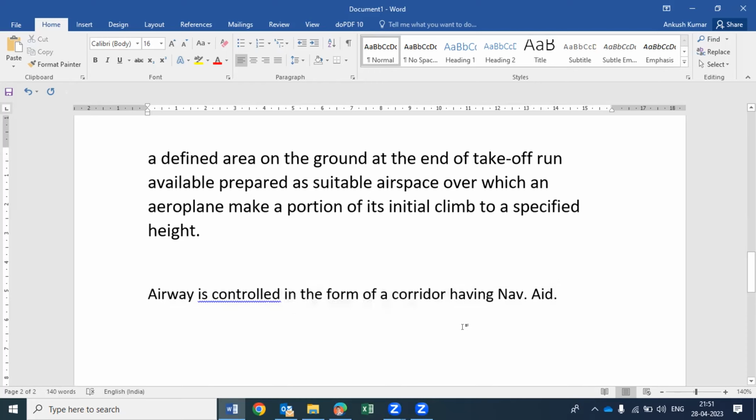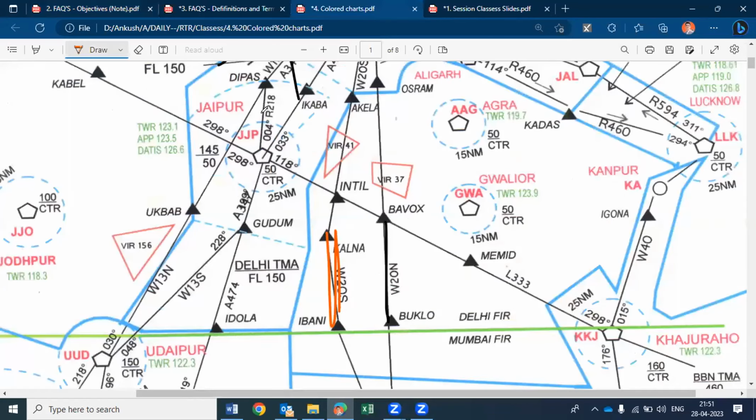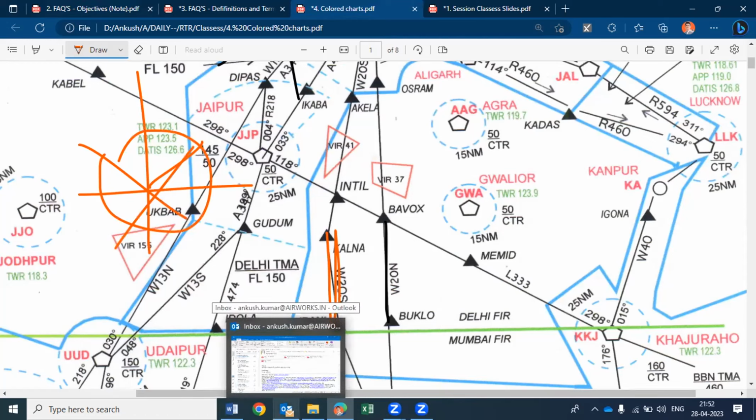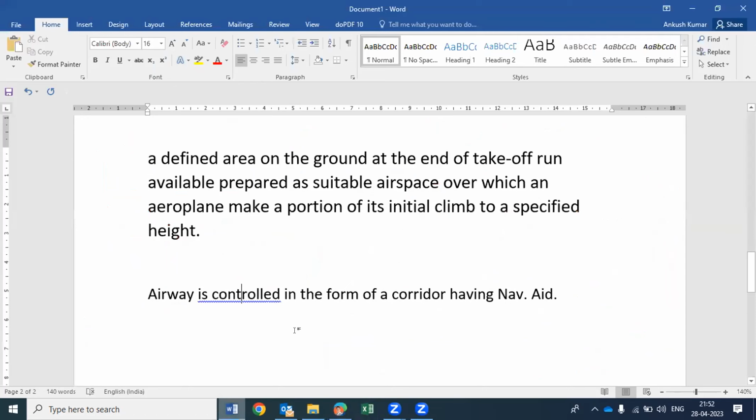And how can it be controlled? If it has navigation aid. Navigation aid means it is identified with bearing. Bearing means your directions. And it has been identified in charts. Everyone getting my point? Yes, this is how an airway can be controlled. So have you noted down the definition of airway? Everyone?